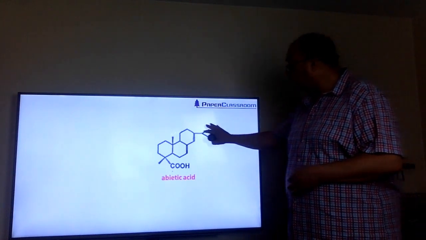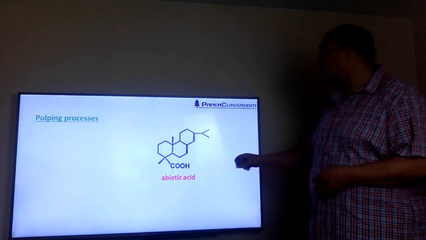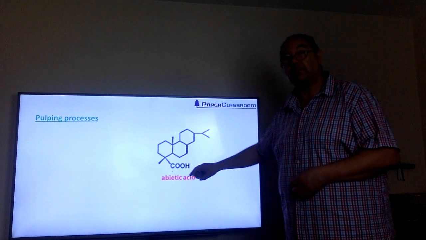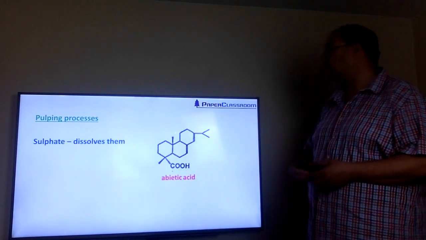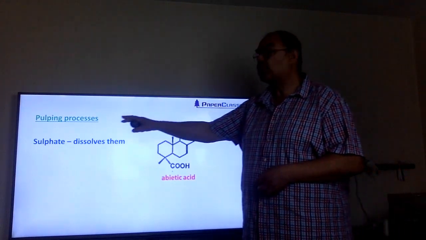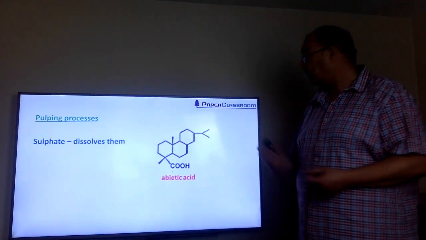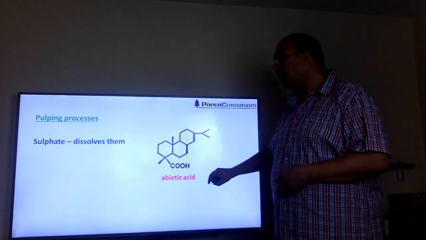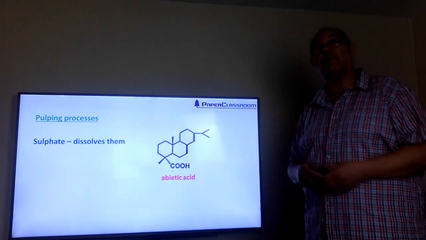This is just one of the extractives, uric acid there, and you can see it's got this carboxyl group, so it's an acid. One of the things that we understand about chemistry is in the sulfate pulping process, where everything is alkaline, then the alkalinity will react with the acidity and it will dissolve this acid and take it out of the fibre itself.